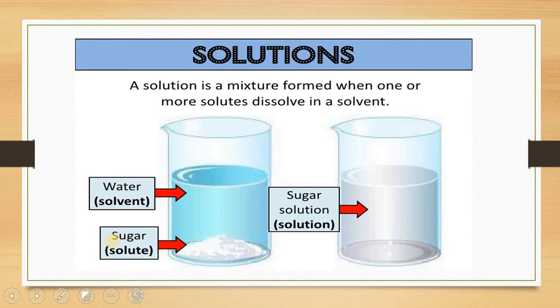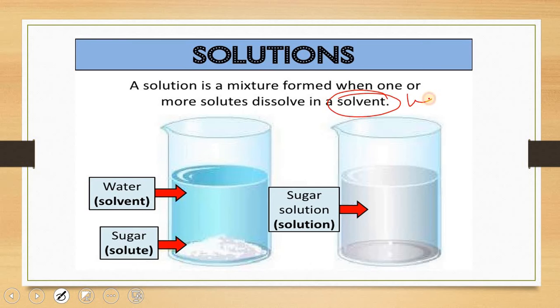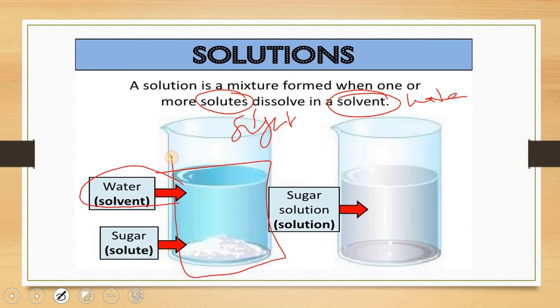So solvent, for example, this is water, solvent, and you have solute. So for example, you have sugar or you have salt. In this example, the solvent they give you here is water. Your solute is the sugar.